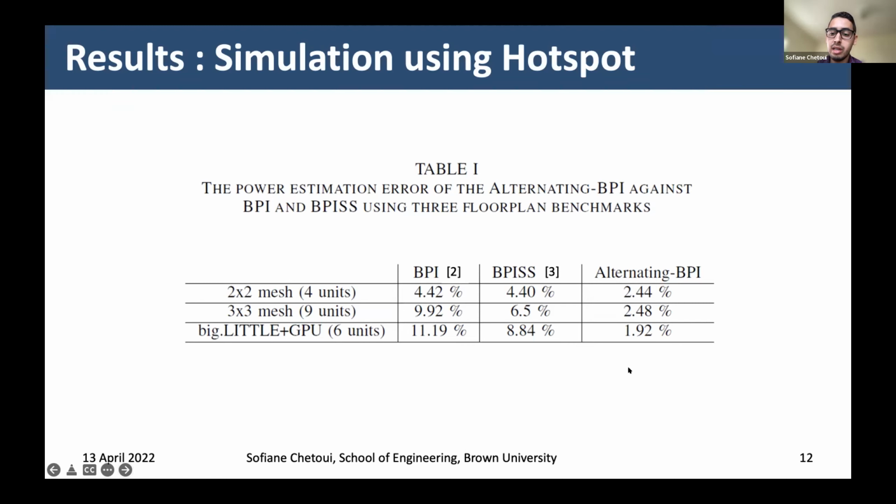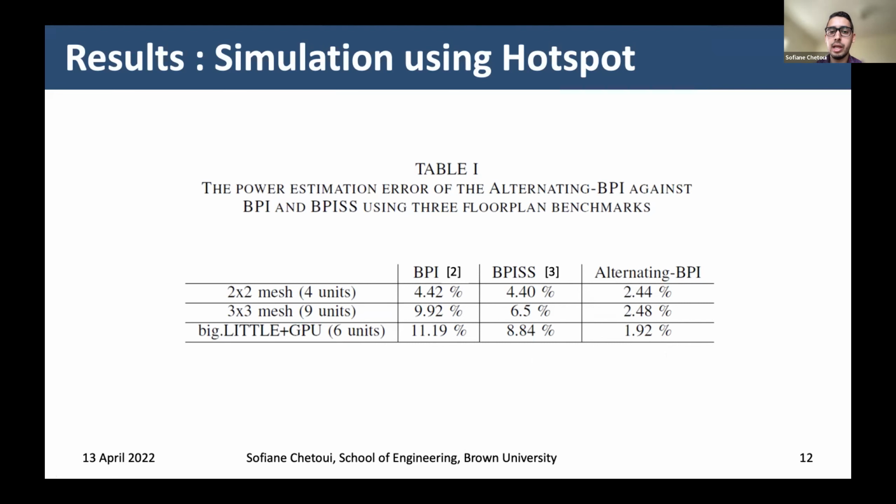As you can see here, to begin with, the power estimation error increases as the number of units increases and as we move to the heterogeneous case. However, the alternating BPI not only was able to estimate the power with less error, but it also kept a stable estimation error as the number of units increased and as we moved to the heterogeneous case.